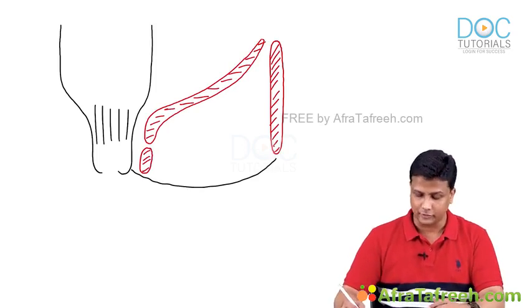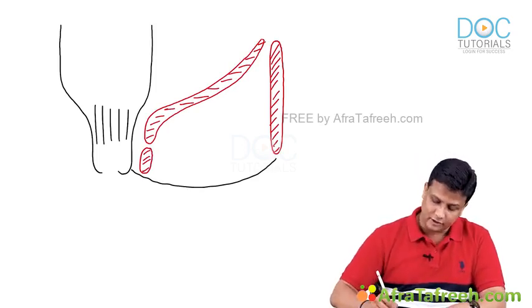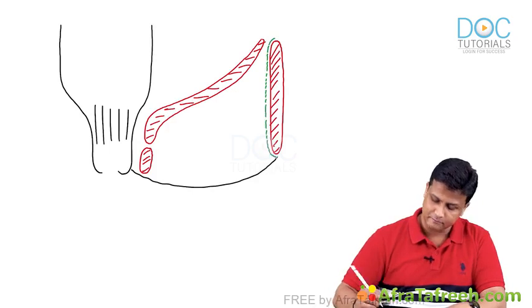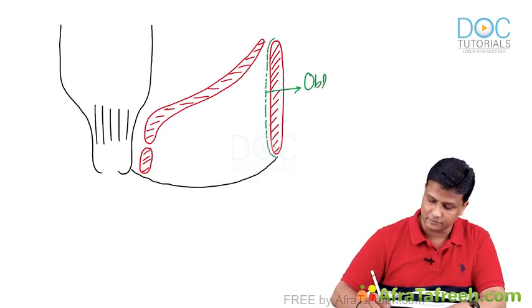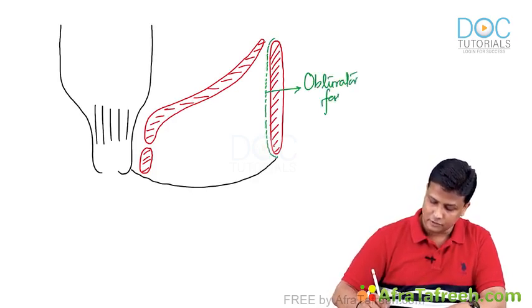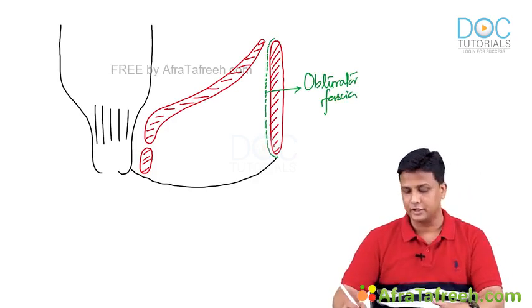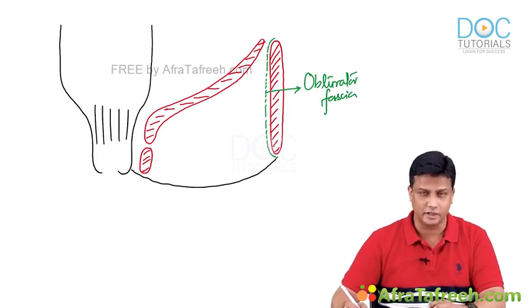That is going to form the medial boundary. Now there is one fascia which will be covering this obturator internus muscle, and that fascia is referred to as the obturator fascia.